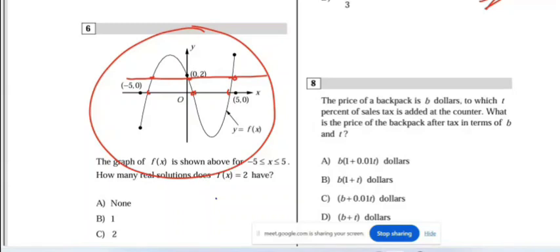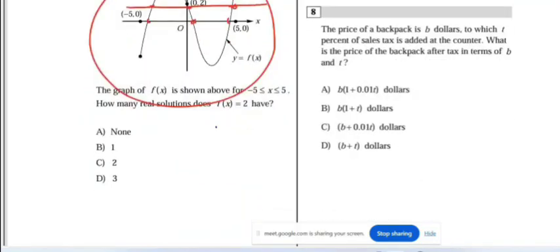How many of such points? 1, 2, 3. That gives you the number of solutions for that graph. So the correct answer here is 3. You have 3 solutions for that system.